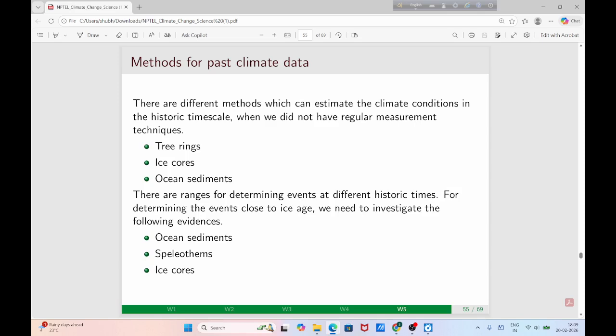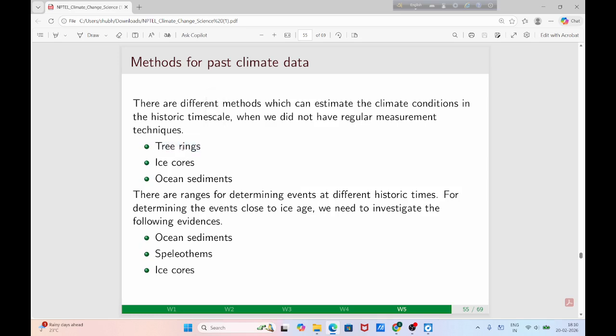After each year, generally they leave one circle of the growth, which is known as tree ring. Now, if there are n number of tree rings, we can determine that the tree has gone through n number of years. That's why n number of rings are produced. So that is one evidence.